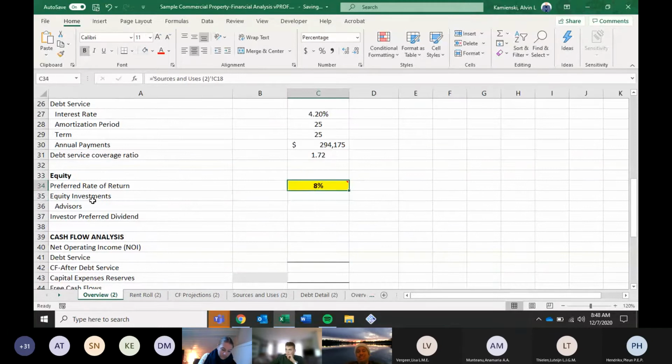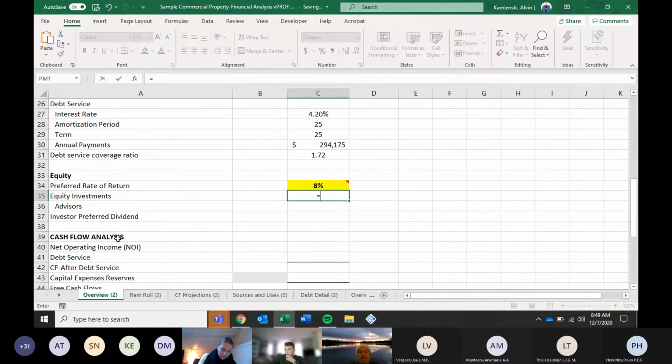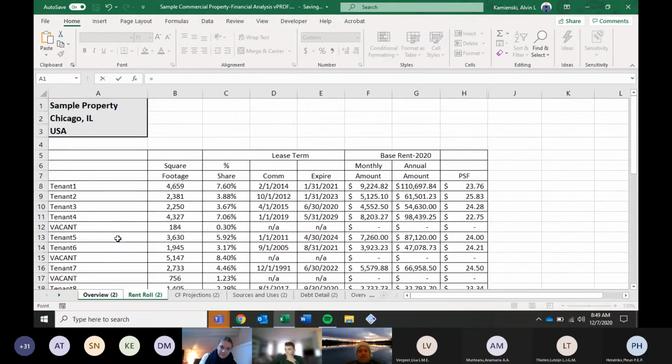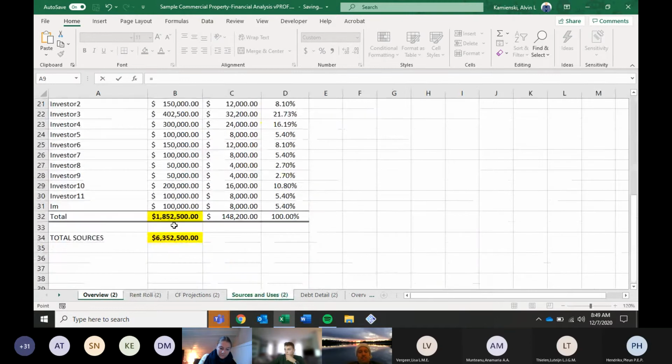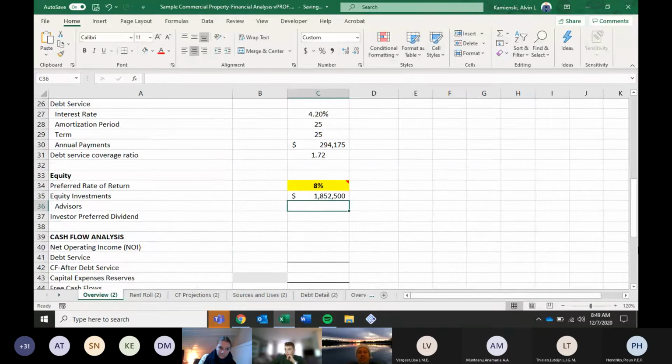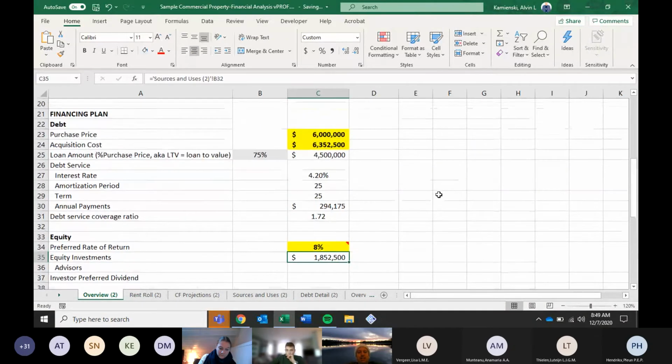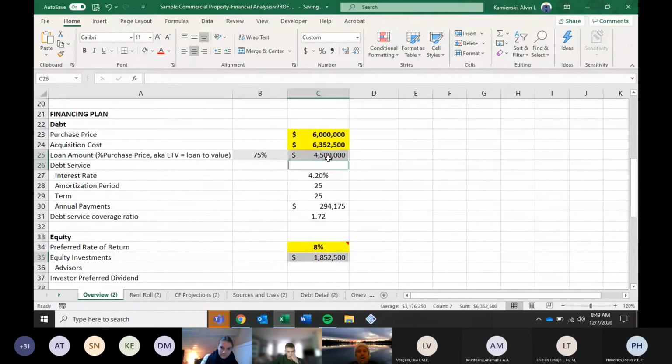So it's an 8% preferred rate of return, of which then we right now have commitments from our sources and uses to have $1.852 million. This money comes along with our bank's money so that we can generate the total 6.352 acquisition needed, right? 4.5 plus 1.8 is approximately 6.3.